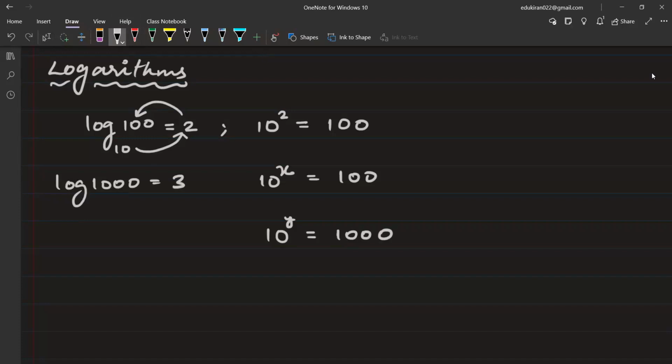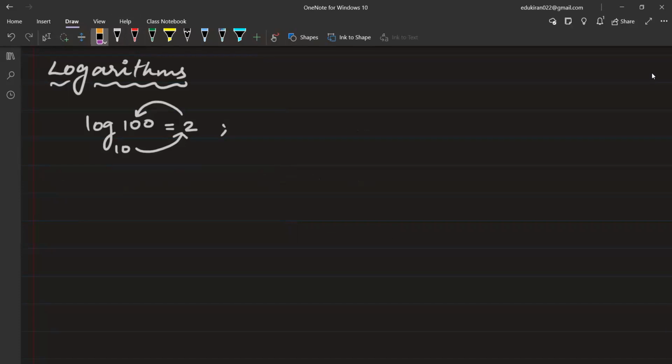ठीक है, एक चीज तो ये हो गई आपके पास. ठीक है, आपको समझ में आएगी what is log. Then there are few rules of log, उसको ध्यान में रखना है. For example first rule आप लिखिएगा, log of a into b is equal to log of a plus log of b.